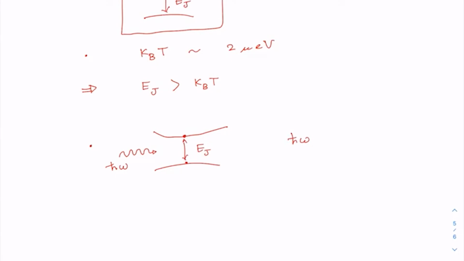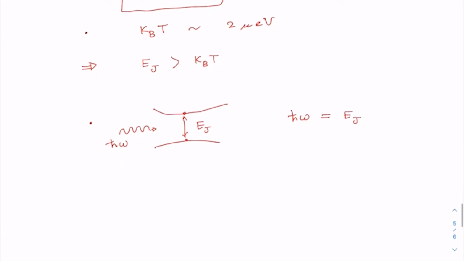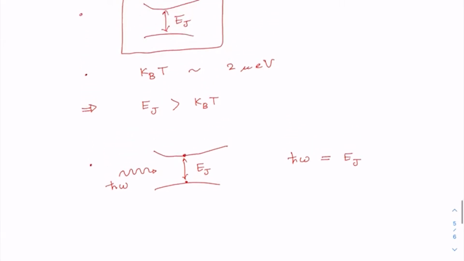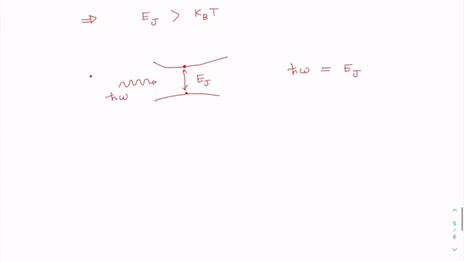So you just have to solve the equation h cross omega is equal to EJ. H cross is the reduced Planck constant, and EJ is 20 micro electron volt. If you put in all the parameters, omega turns out to be around 2 pi into 5 gigahertz.